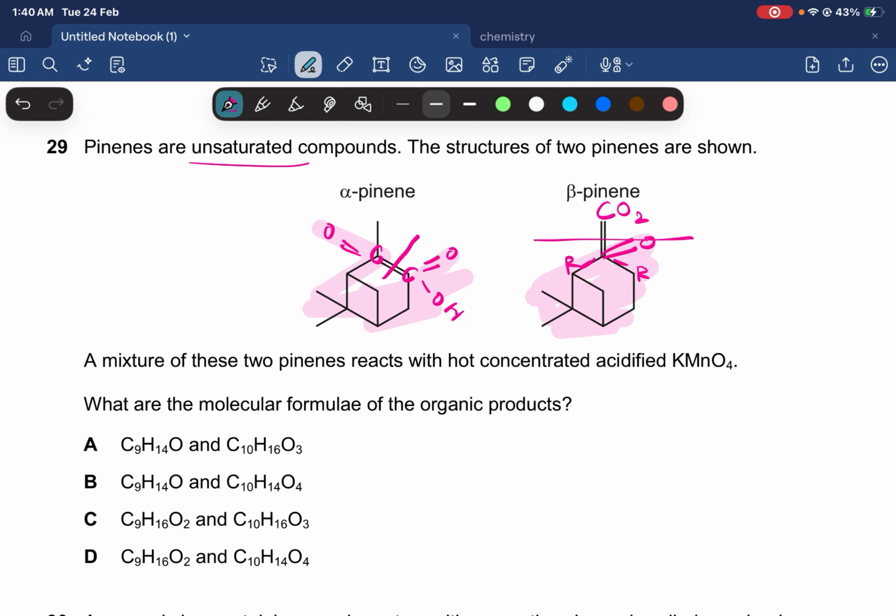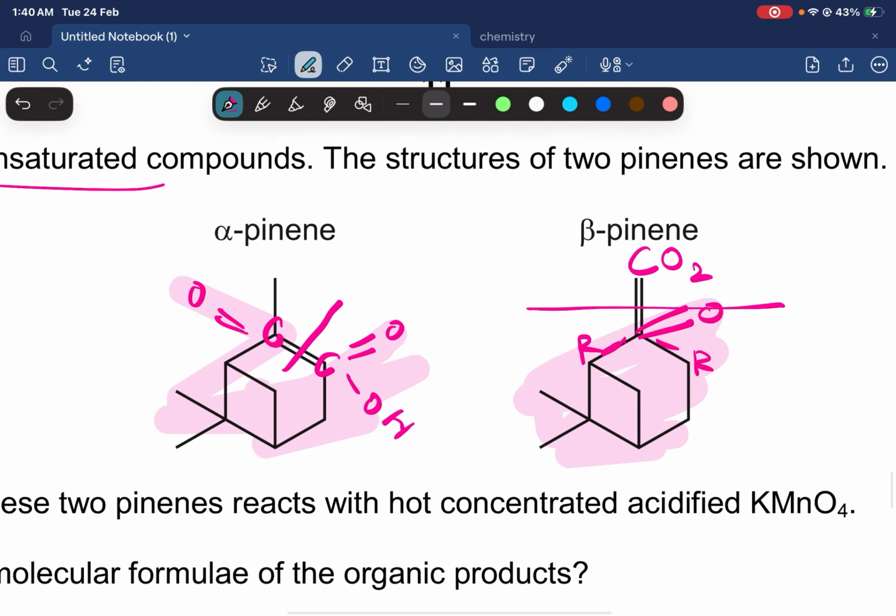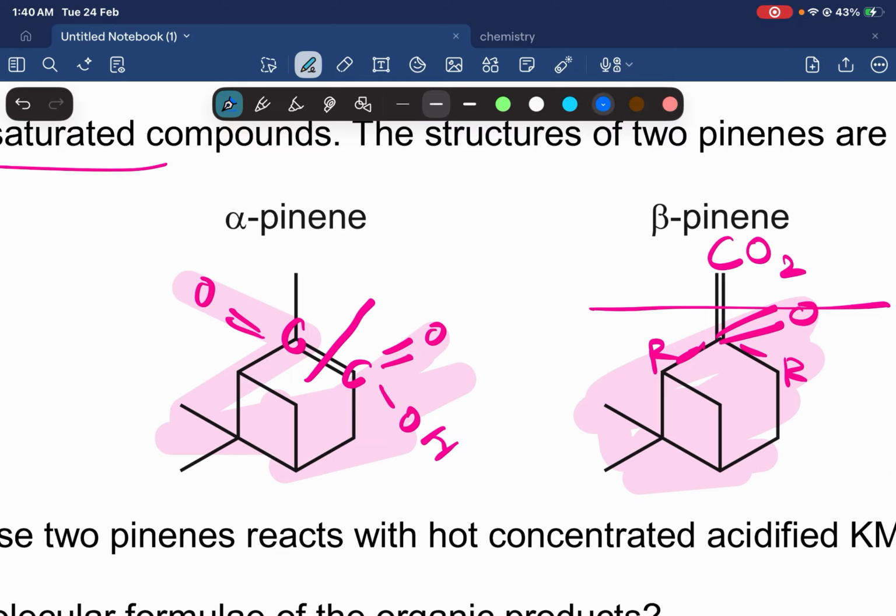Now we gotta calculate the number of atoms. That's the worst thing you can give a child to do in the exam, counting.